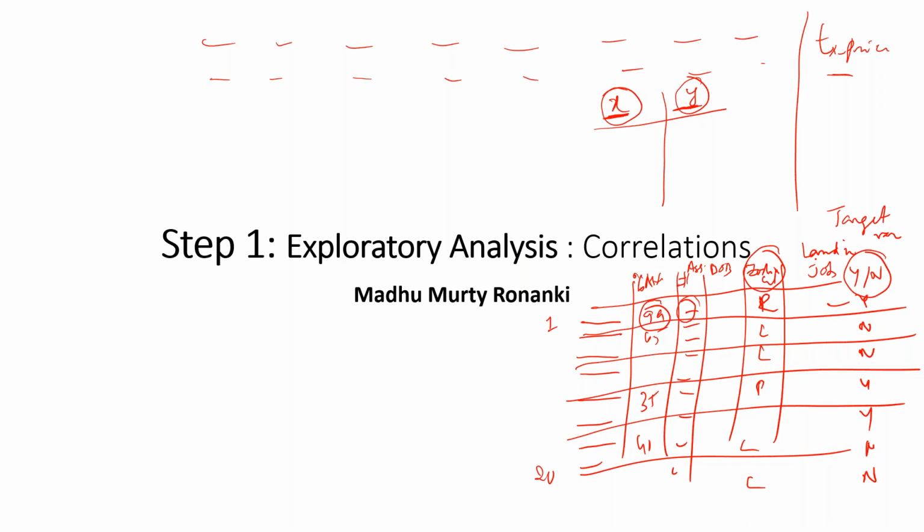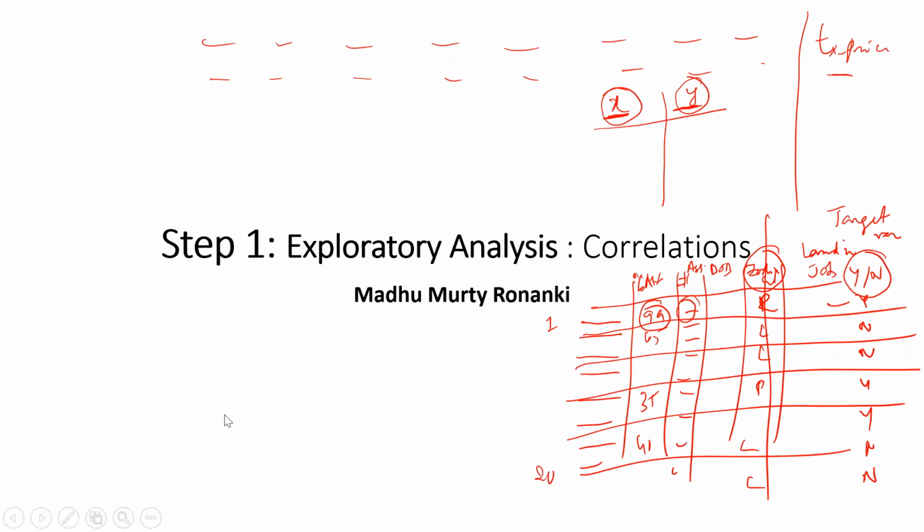But there is no cause for that. It is happening, but that is not very useful. That correlation is not very useful for me to solve this prediction problem. So if I find a strong correlation between this kind of feature and my target variable, better I don't consider this feature itself. So correlation analysis also is important.